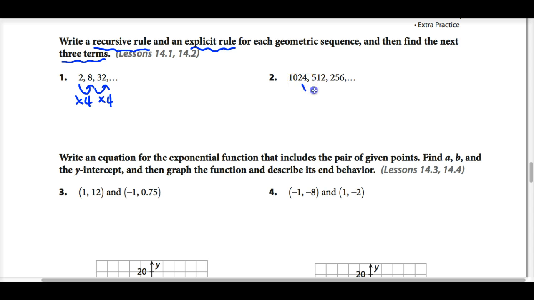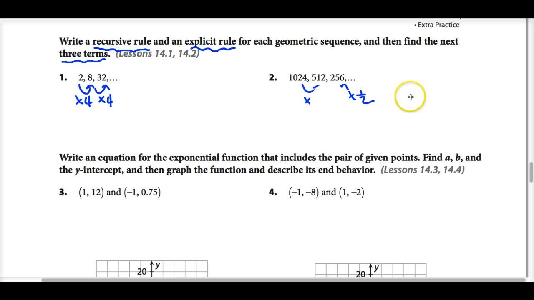So over here, don't forget, you're dividing, okay? But you don't write divided by. There's always times. So how do you find the ratio? You go 512 divided by 1024. That's what you have to do. And you're going to multiply the same thing over there. If you simplify this, what do you get? It's only 1/2, okay? So basically you're multiplying by 1/2 every time.